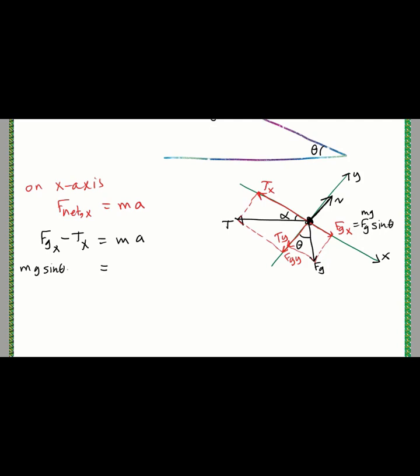For Tx it is T cosine alpha, because the x-axis is adjacent to the angle alpha. Acceleration is 0 because the cube is kept at rest. Then T cosine alpha should equal mg sine theta. That means T equals mg sine theta over cosine alpha.